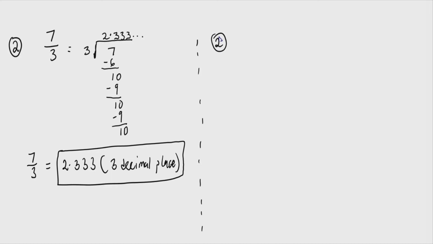And the way I do it is I just divide it like I would divide anything else. So 3 in 7 is 2, decimal. There's one left. So 3 in 10 is 3. There's one left. Again, 3 in 10 is 3.